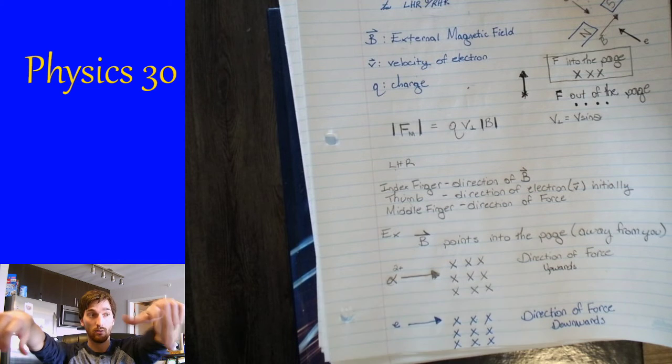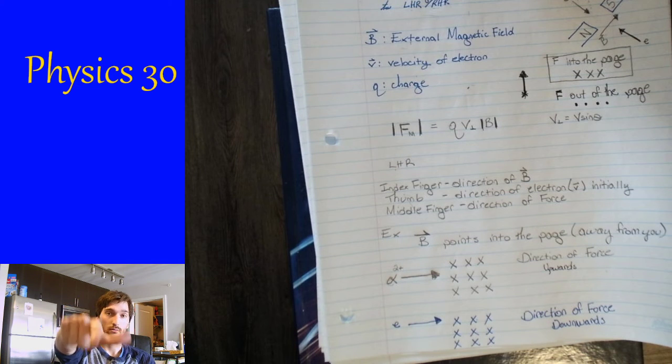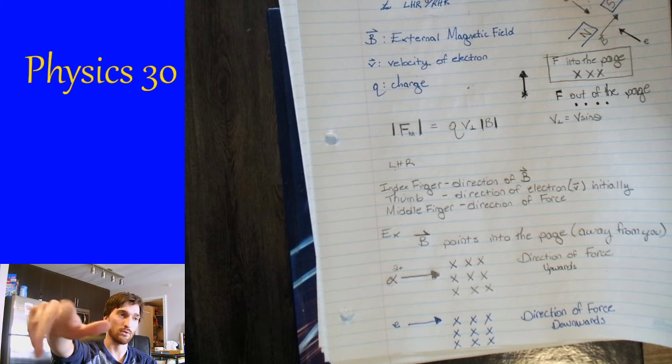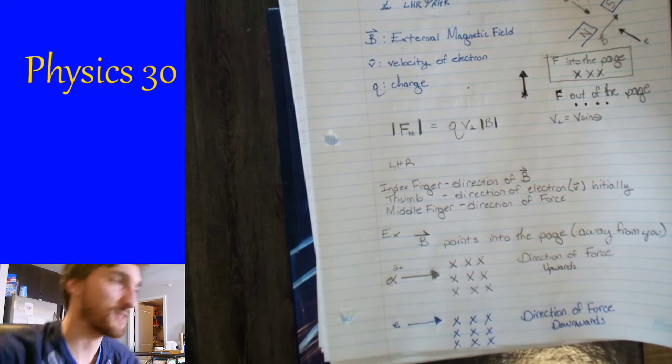The magnetic field points towards you, and the alpha particle is not moving towards the left, but towards the right, and so the force is upwards, and so that's kind of how that works. Hopefully that makes sense.